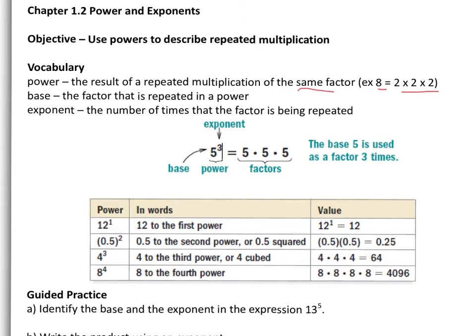Or we can look at this power here, 5 to the third power. The location of the 5 will be considered the base. The location of the 3 will be considered the exponent.